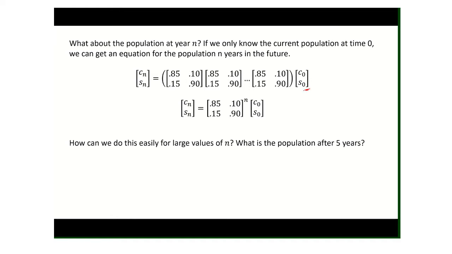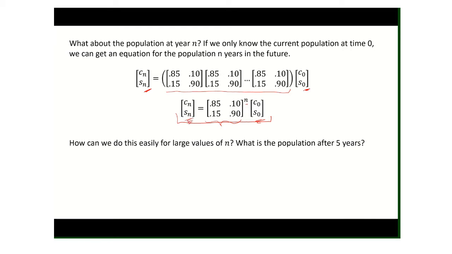If you want to go n years into the future, say 10 years, you would multiply your matrix together 10 times to get your population 10 years in the future. Or writing it more compactly, you have your matrix raised to the n times your initial population is equal to your population that many years in the future.